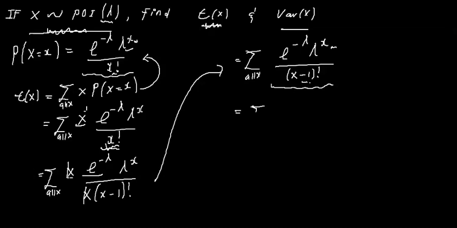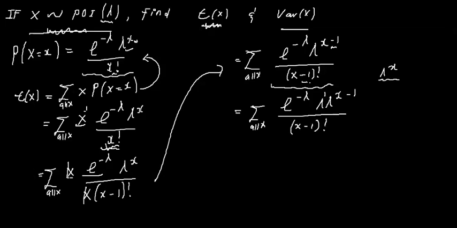So to make it look like the Poisson, we're going to introduce a negative 1 to the power of lambda, so that this power and the down part are the same. But when we do that, we need to multiply it by lambda like that, so that this becomes that. So here there's a 1. When we multiply this, it just remains with that, and that means we have not changed anything. So we will have lambda to the x minus 1 over x minus 1 factorial, like that.